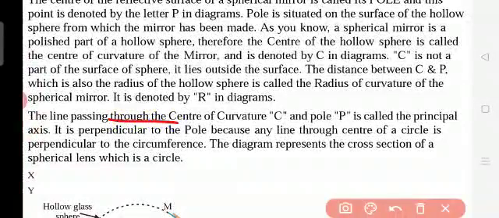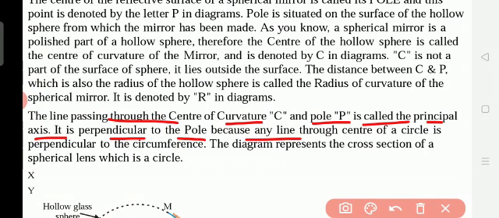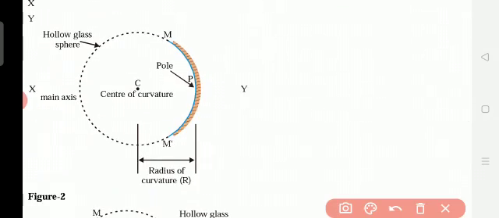Another one. The line passing through the center of curvature and pole is called the principal axis. It is perpendicular to the surface at the pole, because any line through the center of a circle is perpendicular to the circumference. The diagram represents the cross section of a spherical mirror, which is a circle. That means it is a half cross piece denoted by the circle.